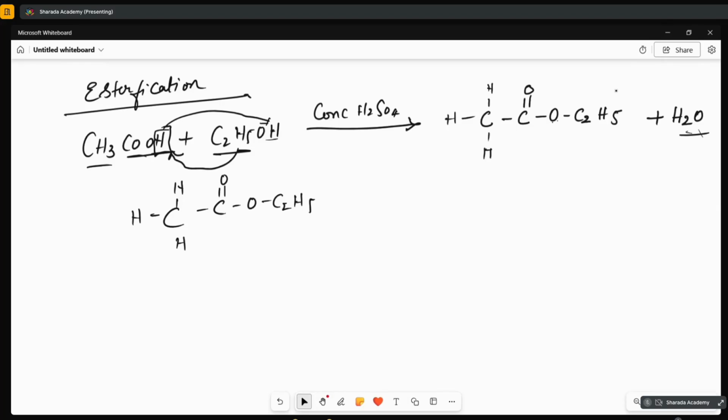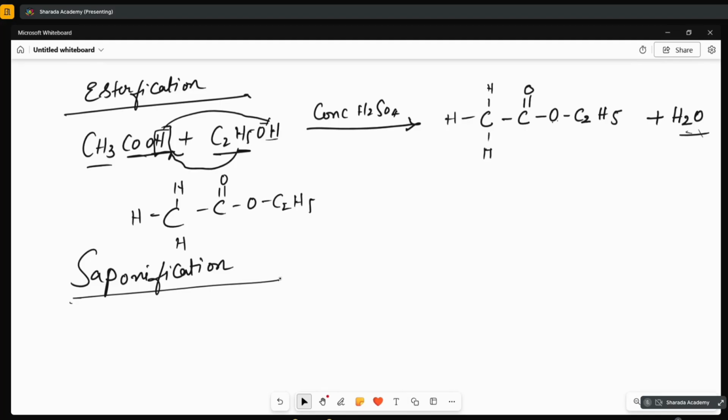Okay. Next, saponification. Next reaction, saponification. Basic means? That's basic in nature. Why will it be basic in nature? Because ethanoic acid you are using, it's an acid.